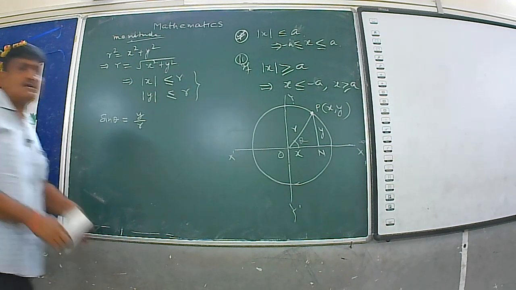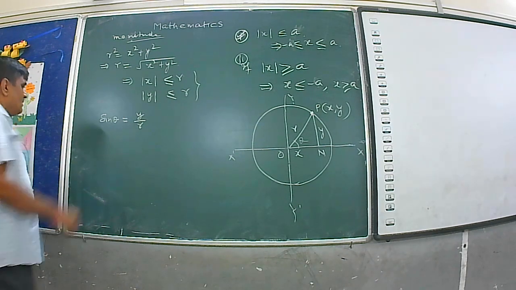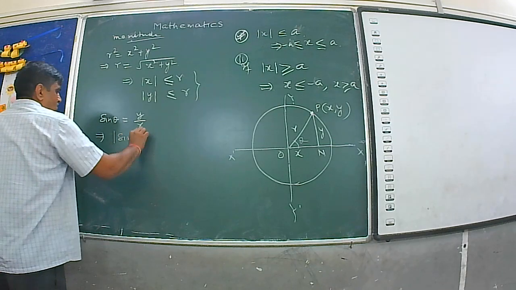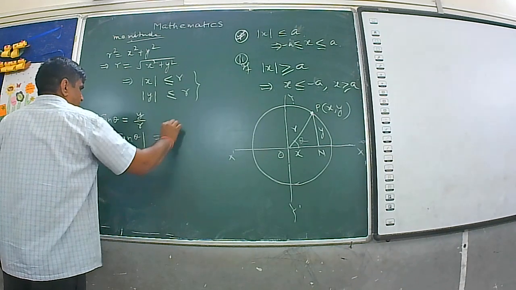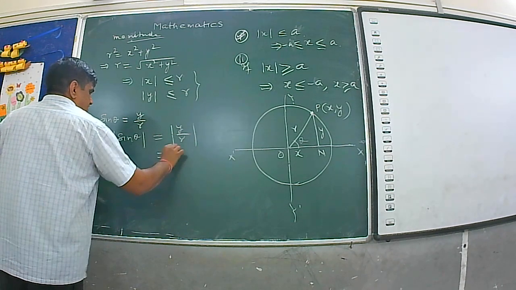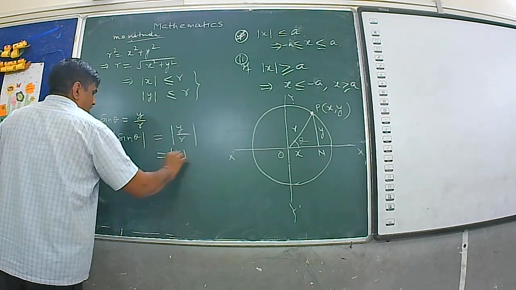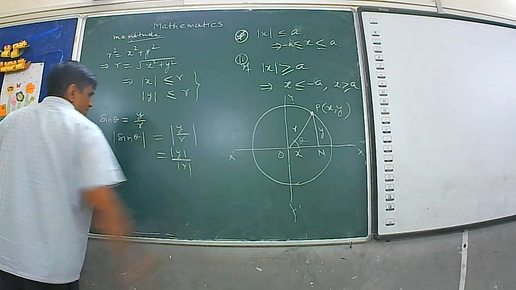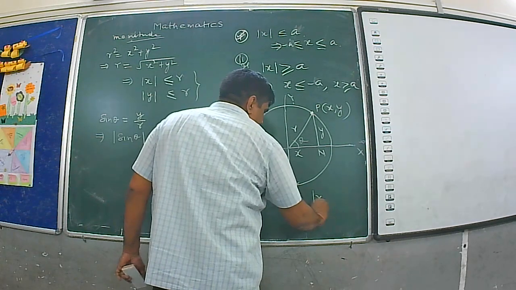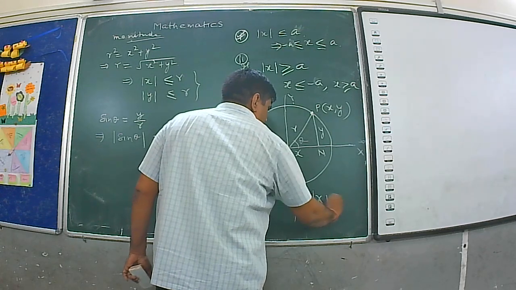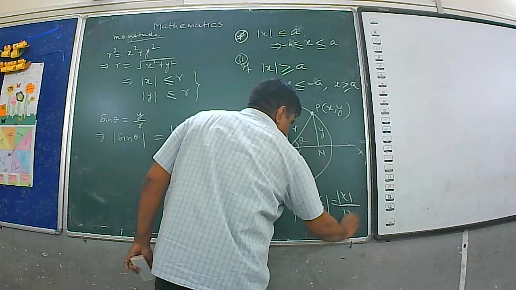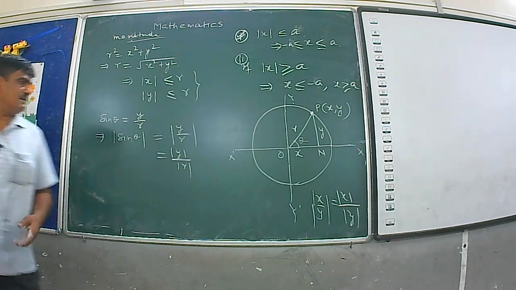Or range of the sin theta. Magnitude of sin theta is equal to magnitude of y, because magnitude of x by y is equal to magnitude of x and magnitude of y.